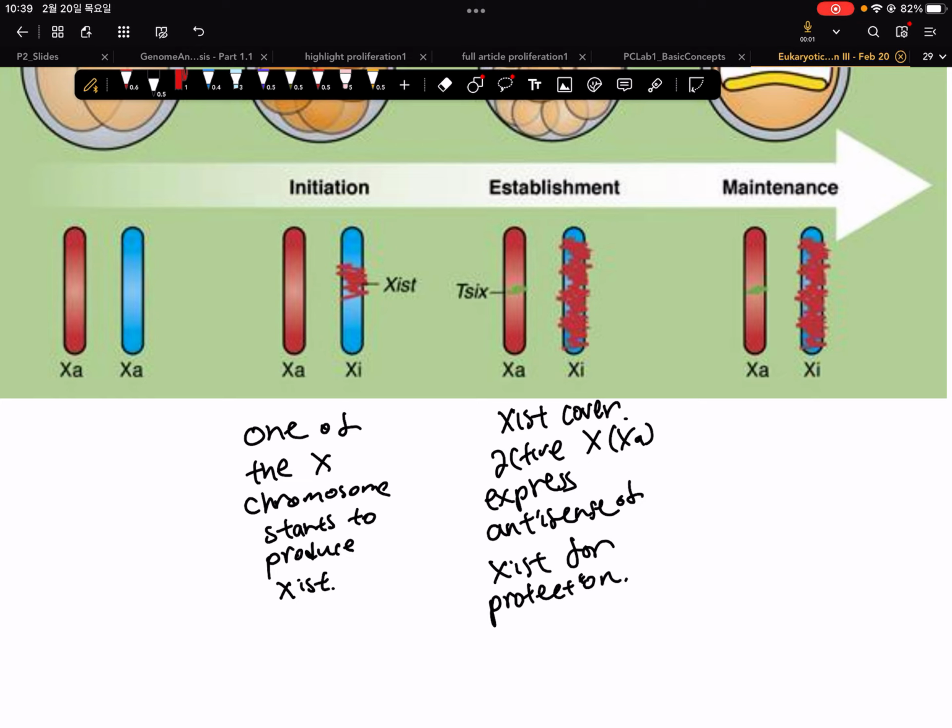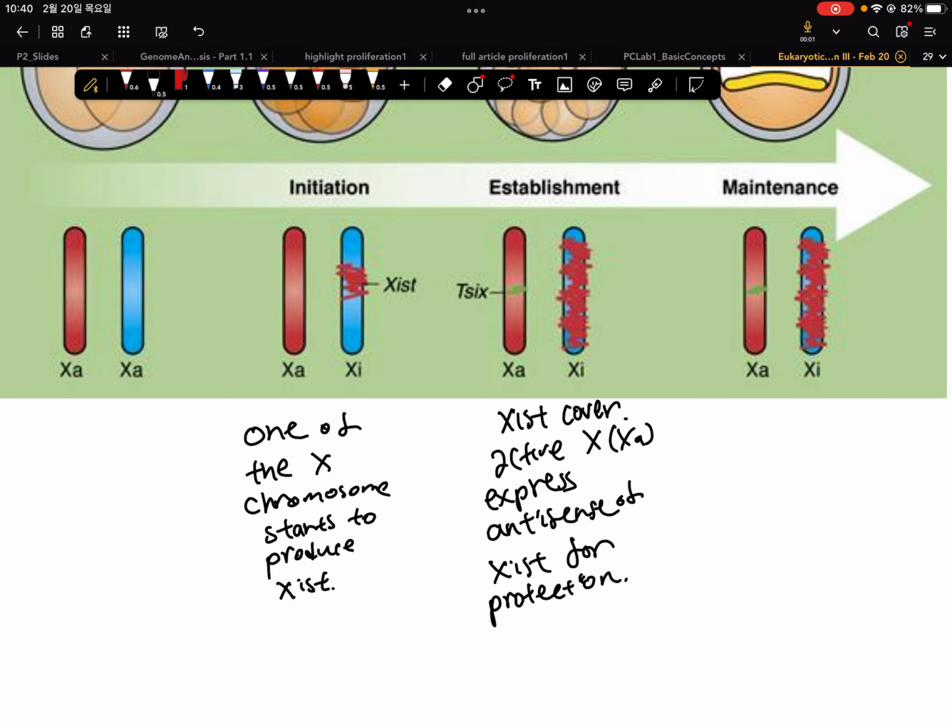So it all starts from that inactivation center here, somewhere on the inactive X. Xist is going to be expressed, and Xist is located at the X chromosome inactivation center. It's a quite long non-coding RNA. It doesn't code for a protein. 70 kilobases long.